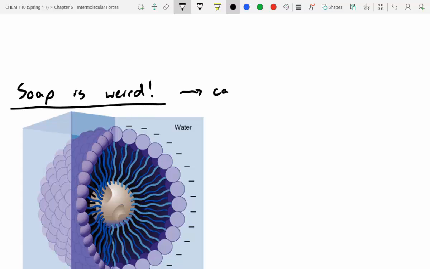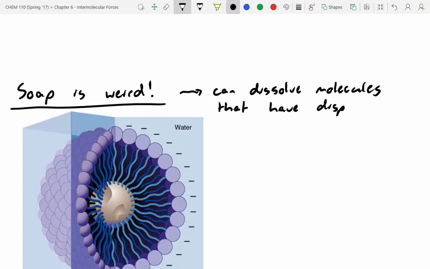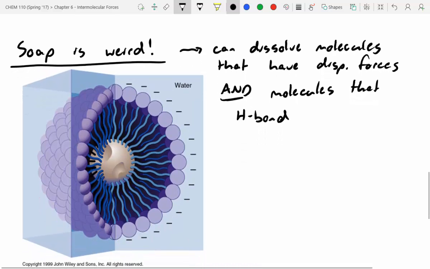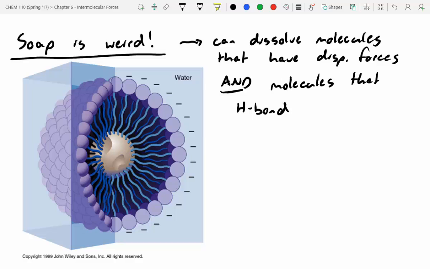It can dissolve molecules that have dispersion forces and molecules that H bond. And this has to do with the weird property of soap, right?